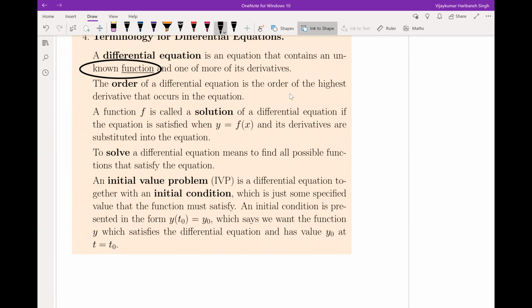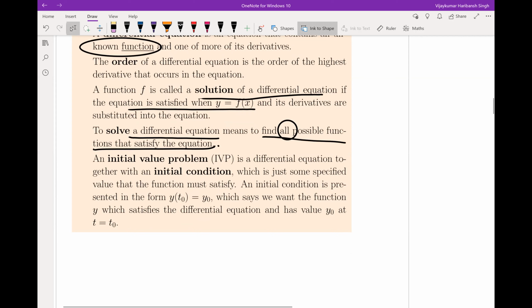A function f is called a solution of a differential equation if y equals f of x and its derivatives are substituted in the equation, then the equation is satisfied. What does it mean to solve a differential equation? To solve a differential equation means to find all possible functions that satisfy the differential equation.